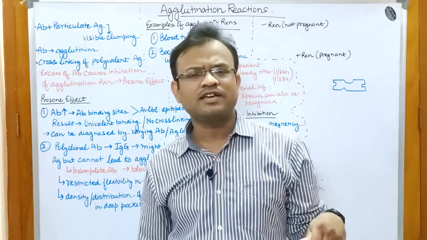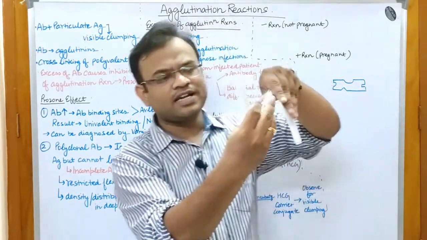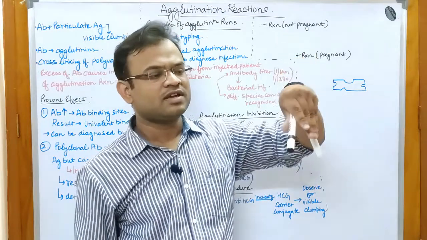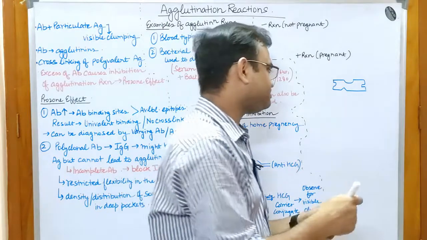So why is cross-linking important? You see, let us say some other antibody also would have bound to this, and this antibody might also have been connected to this antigen, just like this.